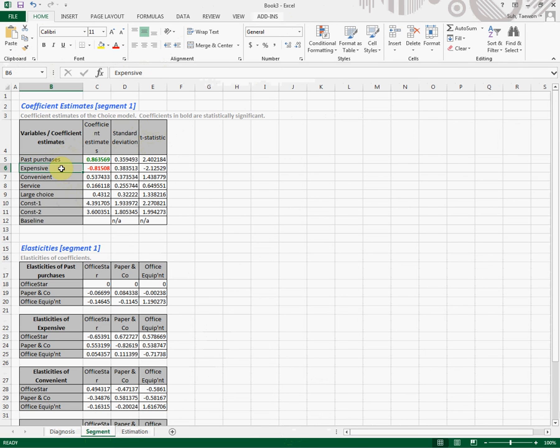And for price, when it is expensive, they are less likely to buy the product. It's a negative relationship because we have a negative value here in the t-test statistics and coefficient. So there is a negative relationship between the expensive price and customer choice.